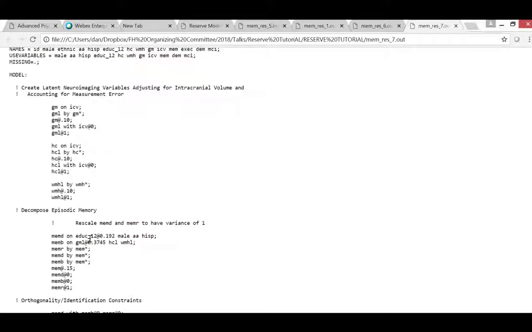Yeah, so basically the problem with that is you're not accounting for error variance. This is another really big, controversial issue.